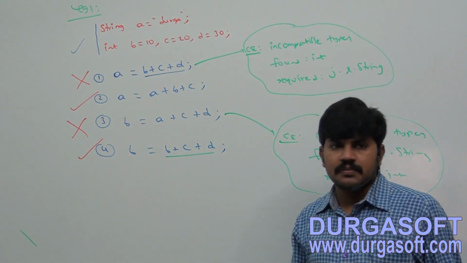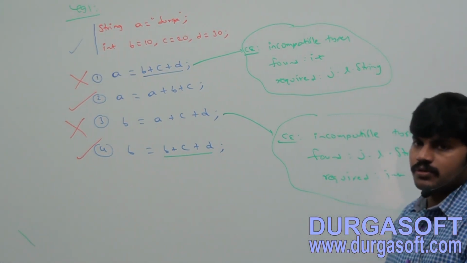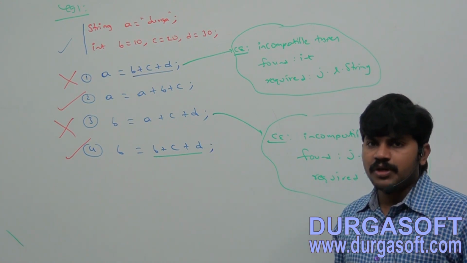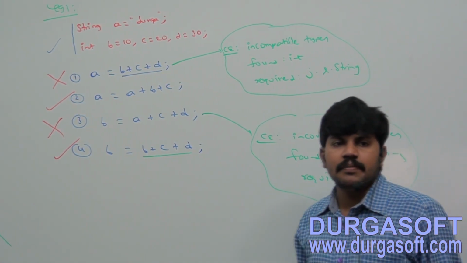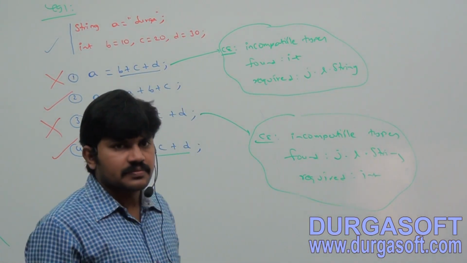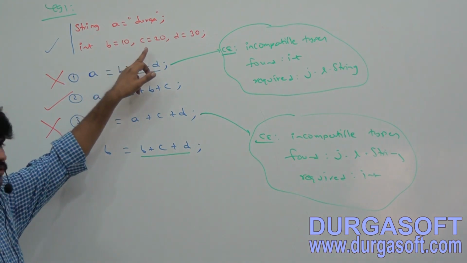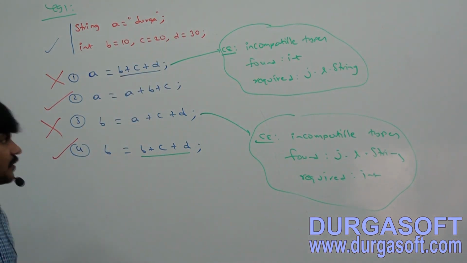String A is equal to Durga. Int B is equal to 10, C is equal to 20, D is equal to 30.